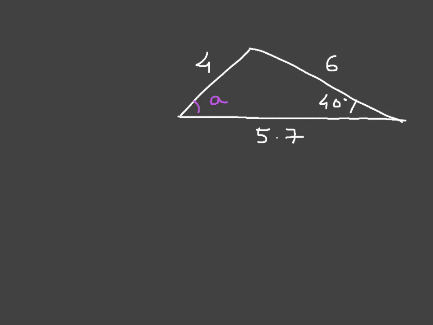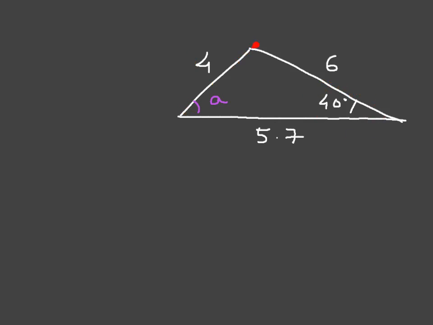Remember, to find an unknown angle, we need one side length with its opposite angle, and the side length which is opposite the angle we're looking for.